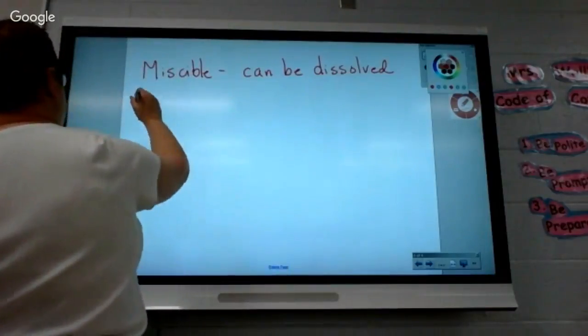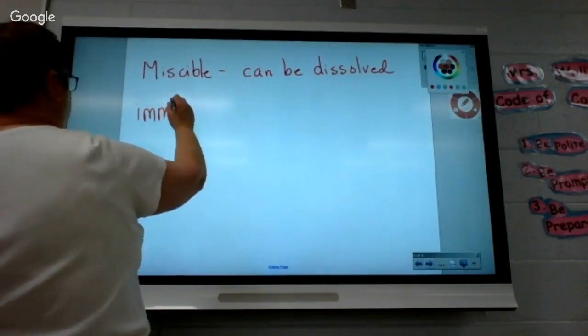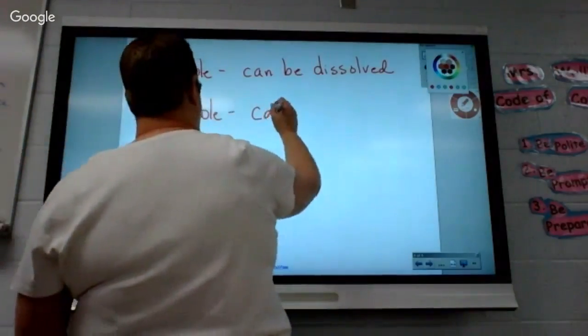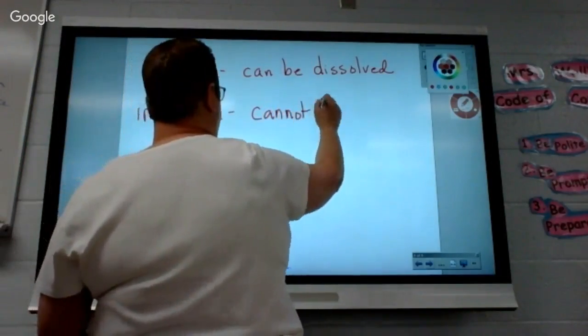And the other one is immiscible, which means cannot be dissolved.